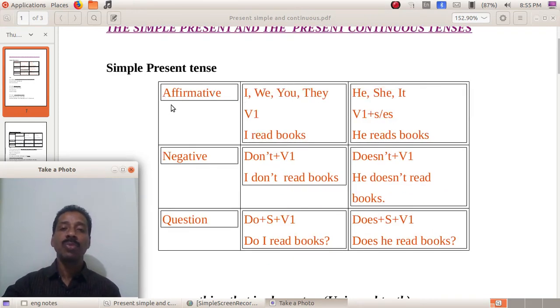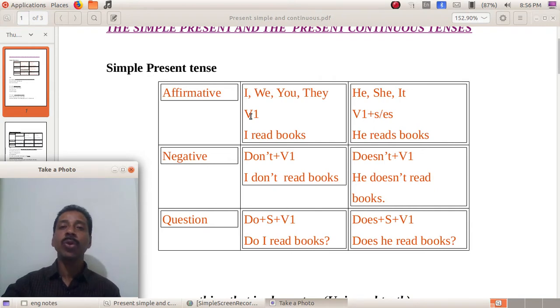In an affirmative, positive sentence, with the pronouns I, we, you and they, V1 is to be used. In simple present, we use V1 or V1 plus S or ES form, and I think you know that V1 is the plural form, V1 plus S or ES is the singular form.